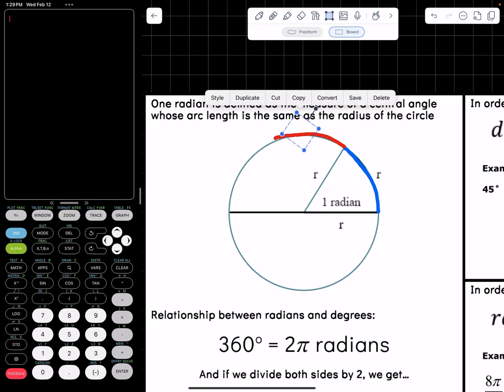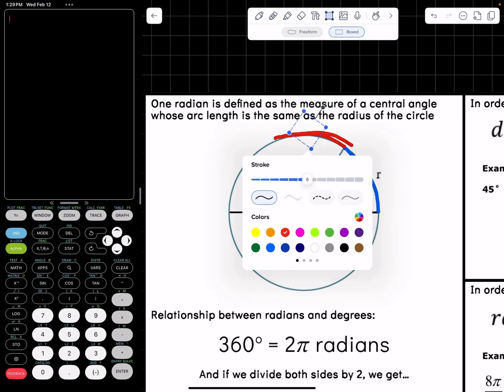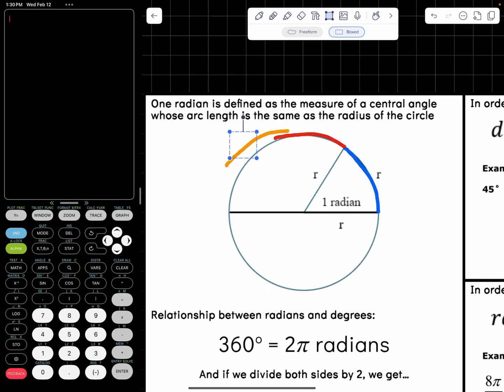We've got one radian being our blue arc. We've got our red arc. We're going to duplicate this again, change its color, and rotate that, and we'll see, does it land pretty close? Not quite. So we've got 3 radians right there, and then if you'll notice, we've got just a little bit.